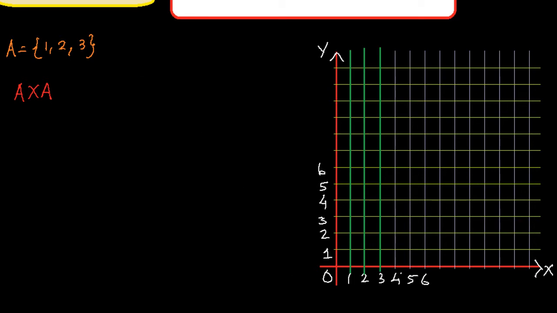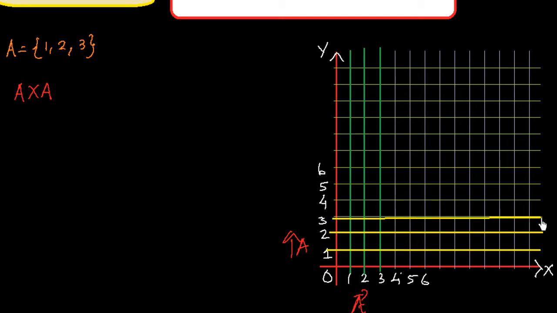Now since we are using the A to A relation, here also we put 1, 2, 3 on the y-axis, and plot y is equal to 1, y is equal to 2, y is equal to 3.